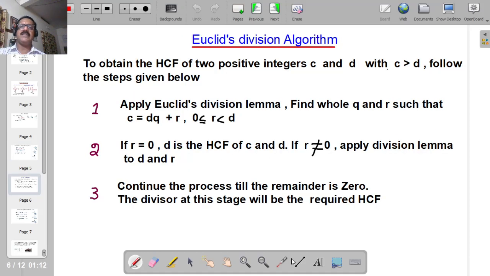Euclid's division algorithm: to obtain the HCF of two positive integers c and d, with c greater than d, follow the steps given below. We are given two integers. We will take the larger integer as c and the smaller one as d.